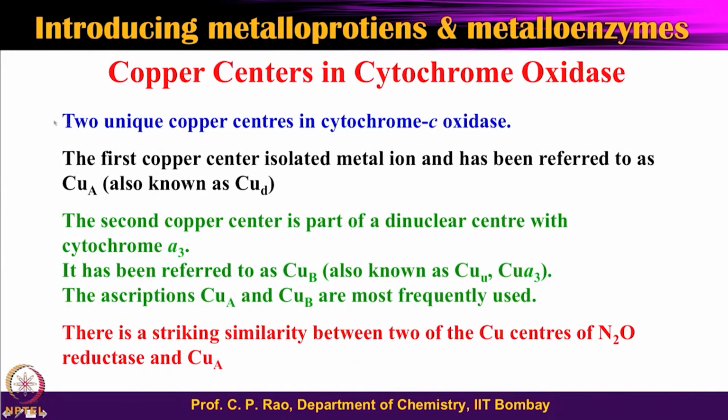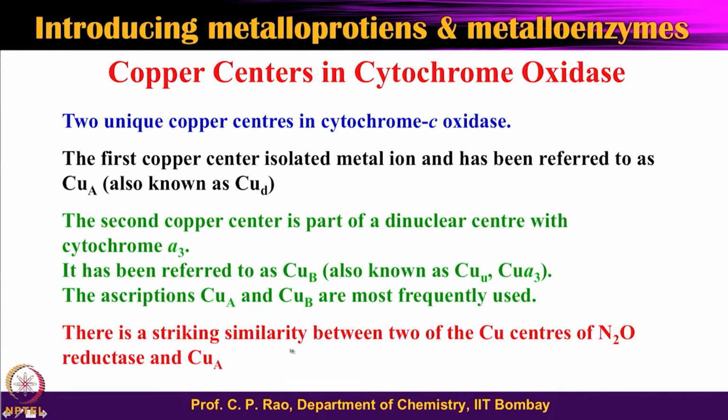These are referred to as copper A, where one of the coppers is an isolated metal ion; in some places it is written as Cu subscript A. The second copper center is part of the dinuclear center with cytochrome a3, and this is referred to as copper B, CuB. So CuA and CuB are the most frequently used terminology.